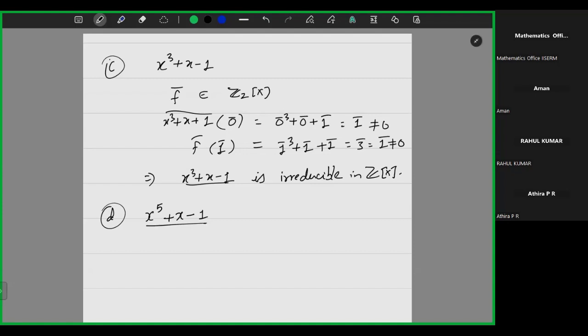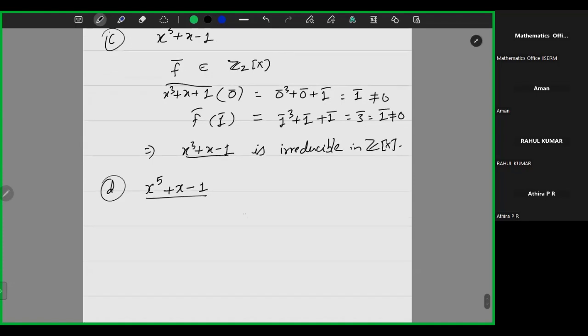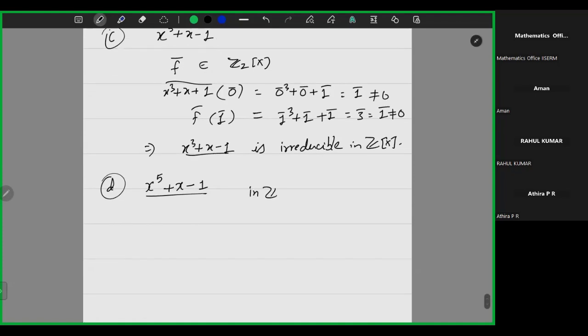reducible, but let's see what happens in Z5[x], for example. Let me calculate a little bit. In Z5[x], minus 1 can be replaced by 4.